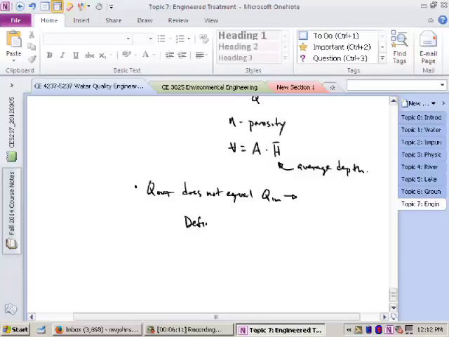the dilution ratio, or R, is equal to Q out over Q in.